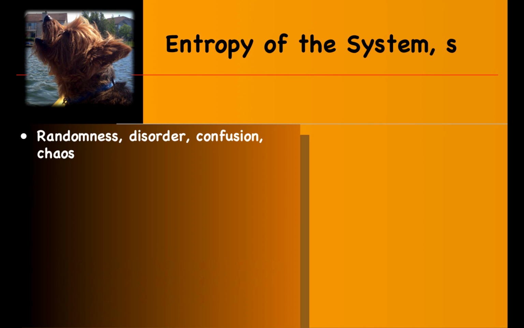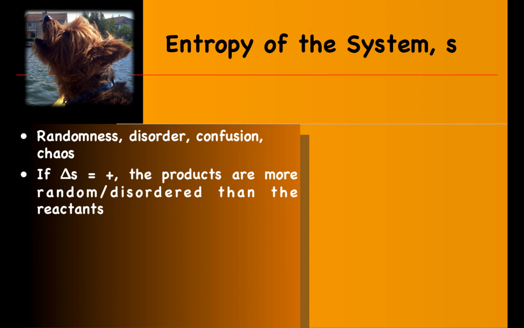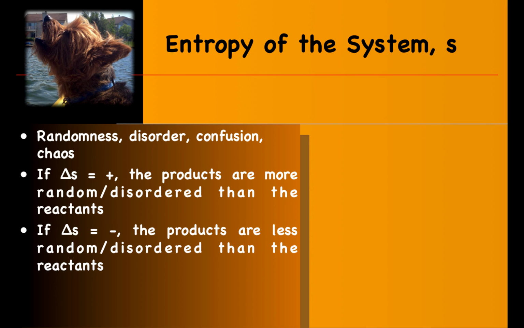Entropy, randomness, disorder, confusion, chaos. If delta S is positive, that means that the products are more random or disordered than the reactants. And if delta S is negative, that means that the products are less random or disordered than the reactants.